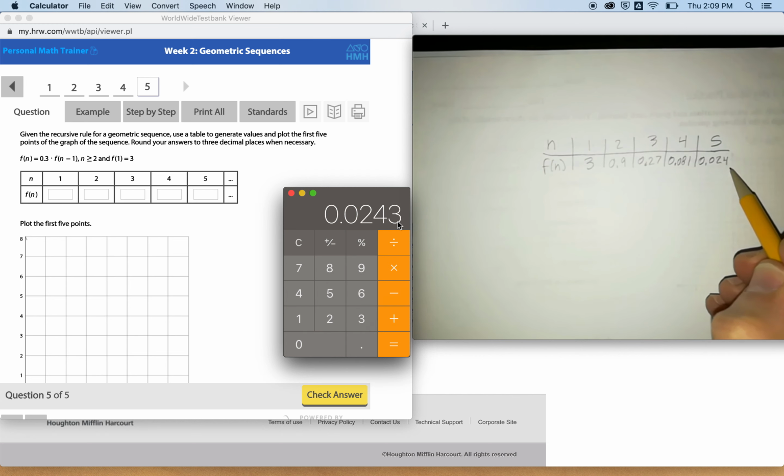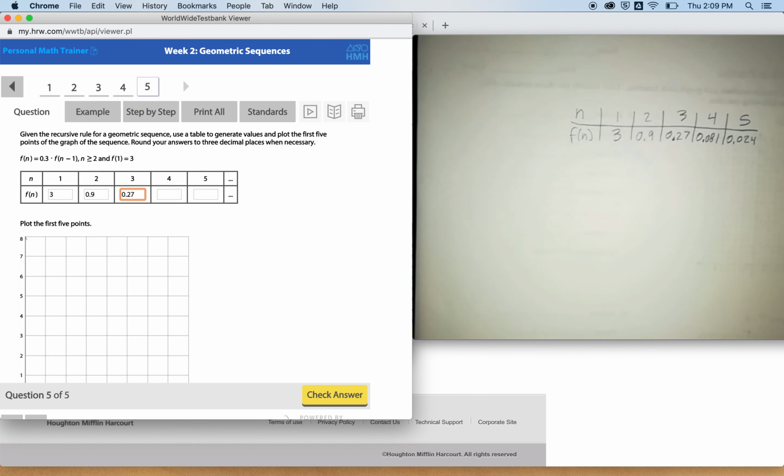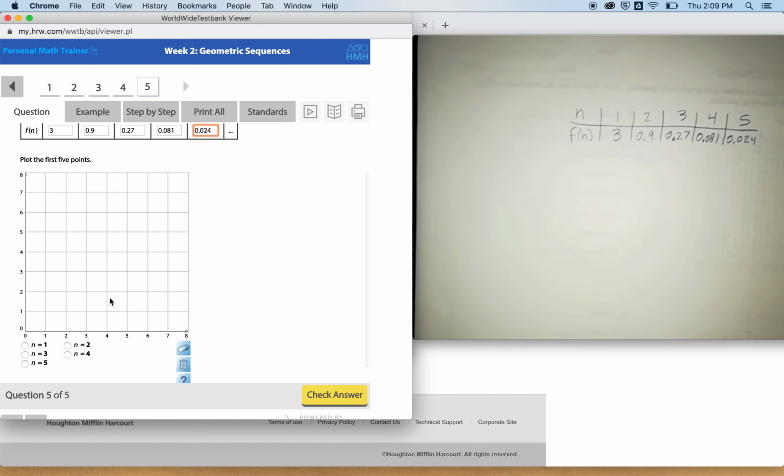It said to round to 3 decimal places, so we'd keep it right there at 0.024. All right, so let me fill these in. 3, 0.9, 0.27, 0.081, and then 0.024. Okay, so now let me plot these.